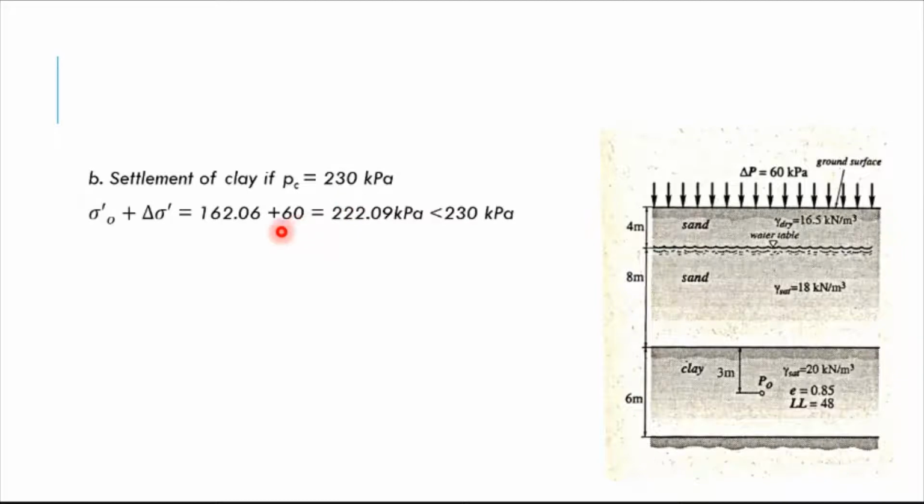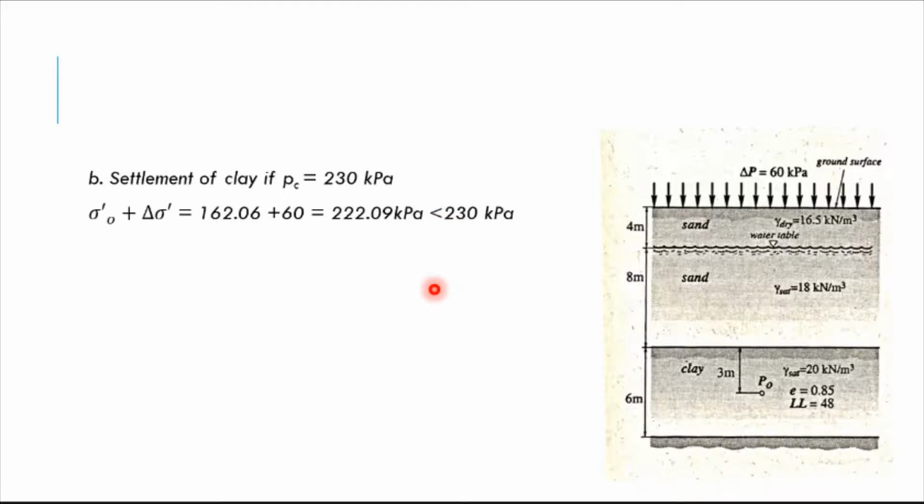So we have to first determine if PF is less than or greater than P sub C. PF is equal to the overburden pressure plus the additional load. So this will be 162.09 plus 60, which is 222.09 kPa all in all. And 222.09 kPa is less than 230 kPa. Therefore, PF is less than P sub C.